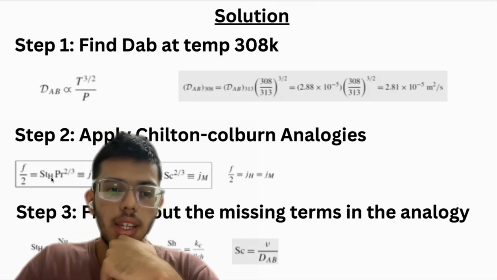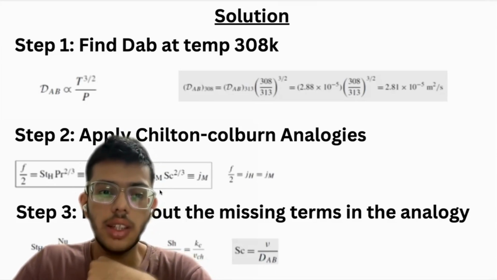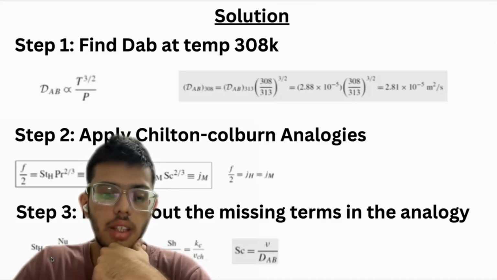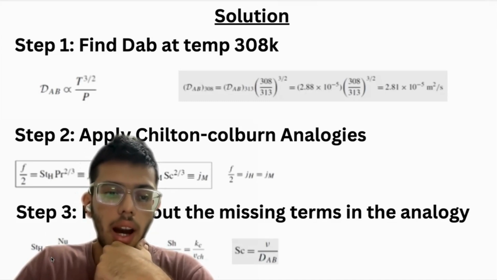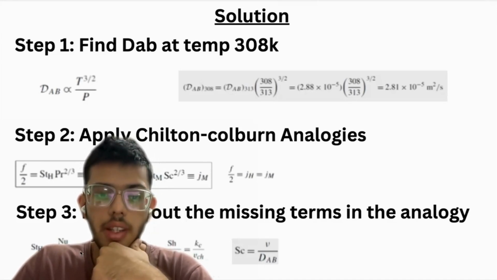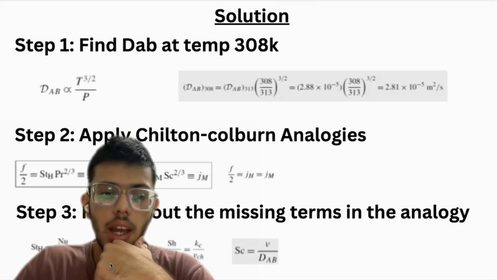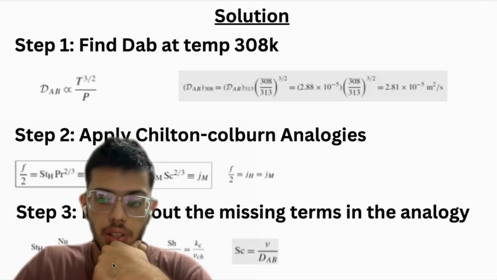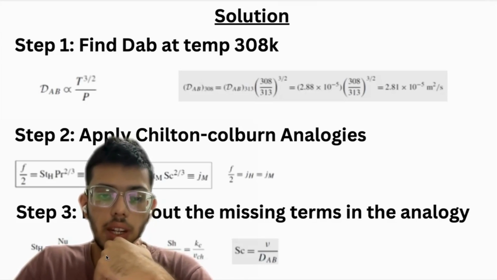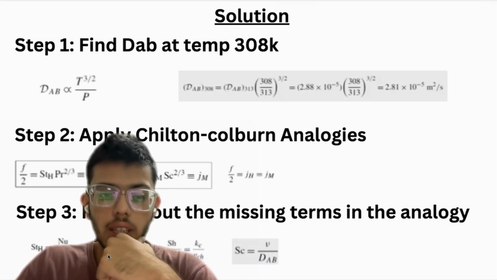We need to find St_H and St_M as these are the two unknowns in our question. In the previous segment we have already learned that St_H is equal to Nu upon Re times Pr, which is the Nusselt number upon the Reynolds number times the Prandtl number, which can be further simplified as h upon rho Cp V_ch, or heat transfer coefficient upon density times specific heat times characteristic velocity.